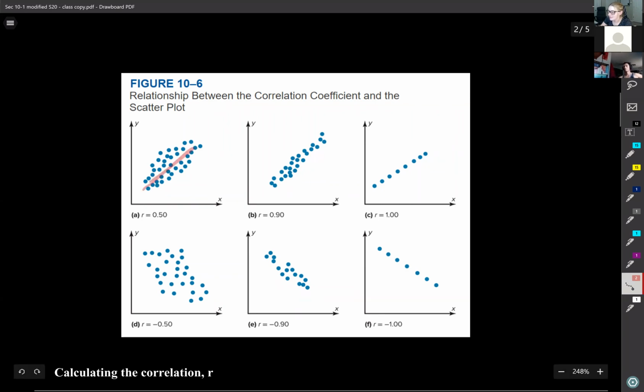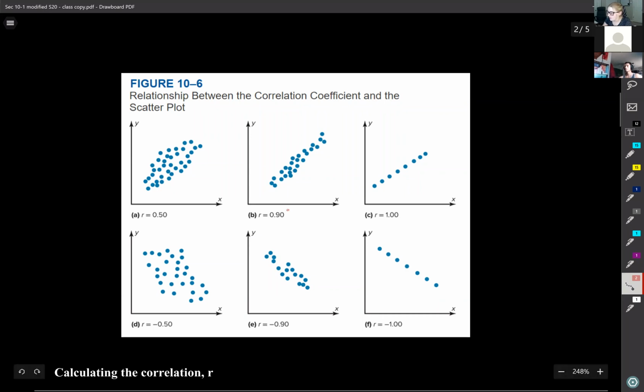They both increase together. The points are in kind of a line shape, but they're not really aligned. It's kind of a blob that's moving in an upward direction. So an R value of 0.5 makes sense. They look like they have a relationship, but it's kind of in the middle. It's not really strong and it's not really weak.